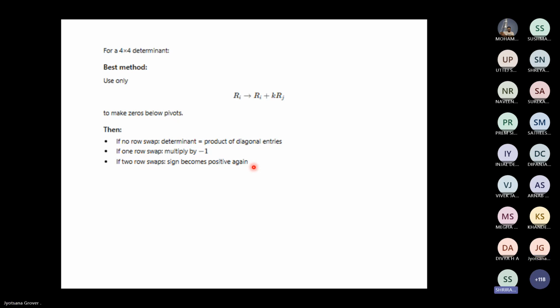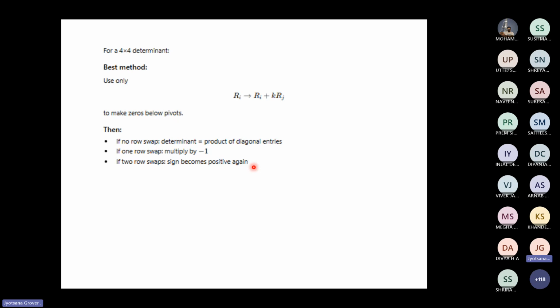Right now we are not talking about the determinant having a negative or positive value. We are just saying that if the determinant is non-zero, then it is invertible.